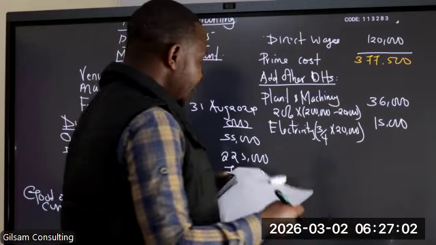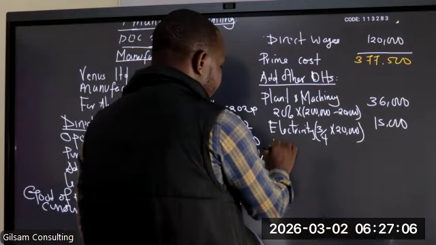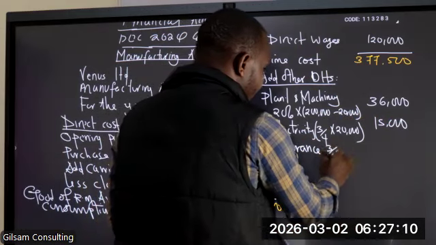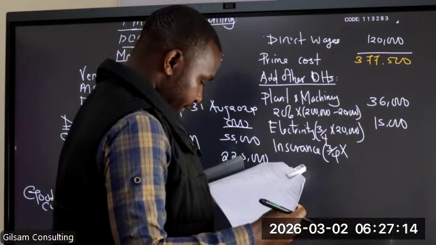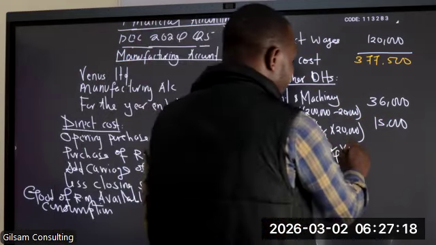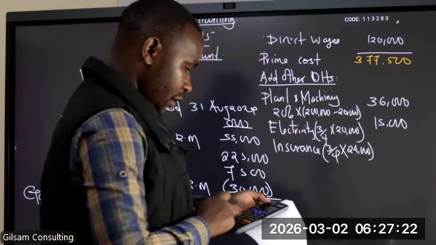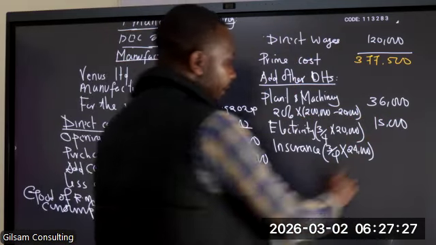Insurance and maintenance. Is it one word? No, insurance is standalone. 3/4 multiplied by the value of insurance, 24,000, gives us 18,000.